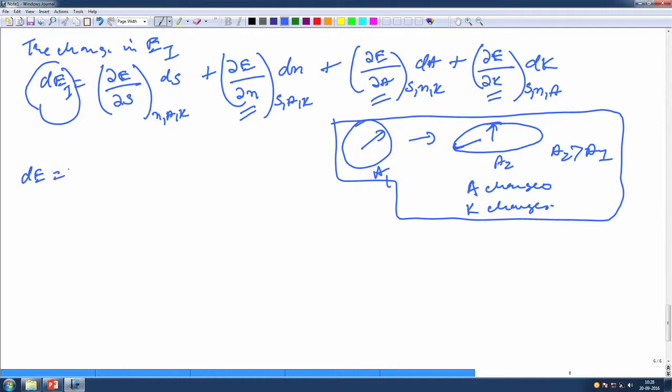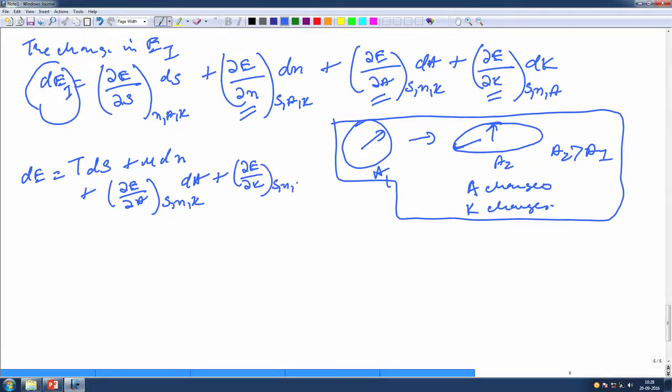So, this dE, I am just dropping the I for the time being for ease of writing. This is TdS, of course, you know it is temperature, plus mu dN, this you know is the chemical potential, plus the derivative of E with respect to A at constant S, N, K times dA, plus the derivative of E with respect to K at constant S, N, A times dK.